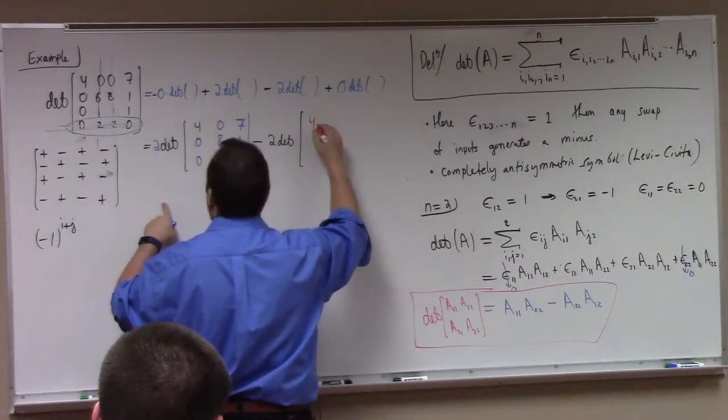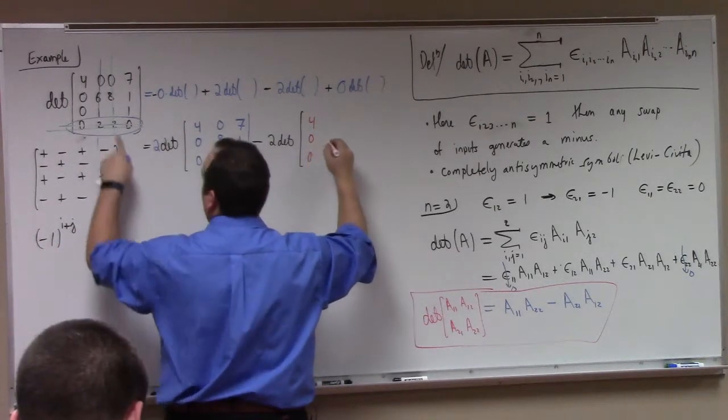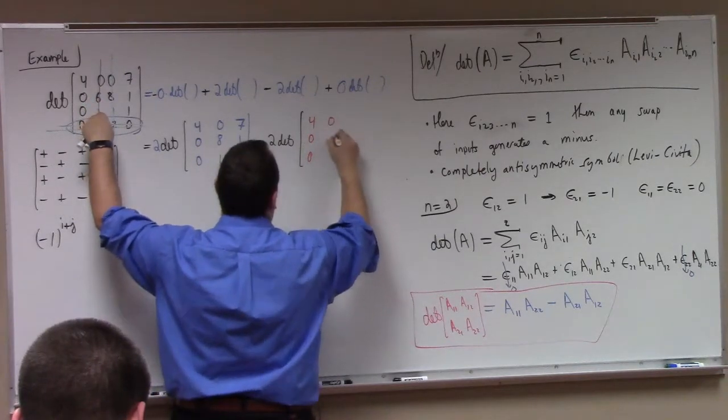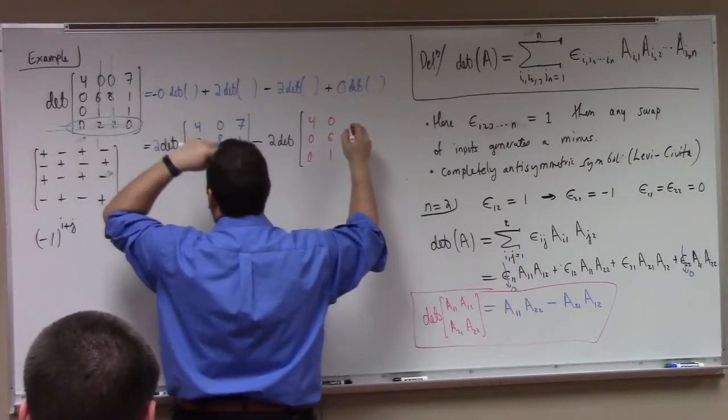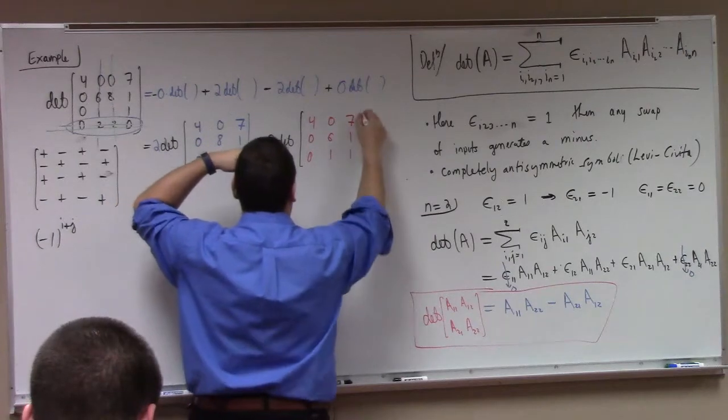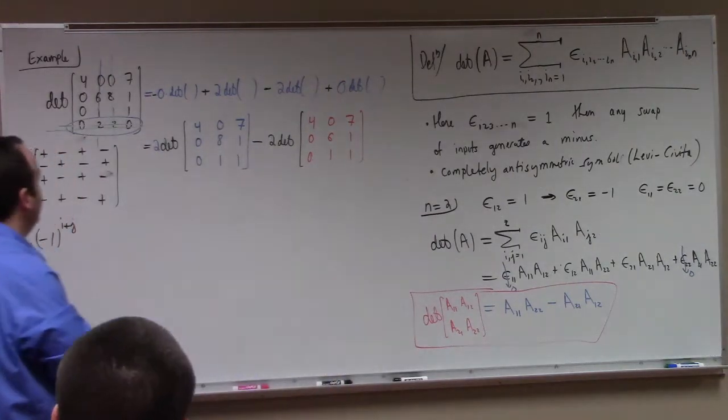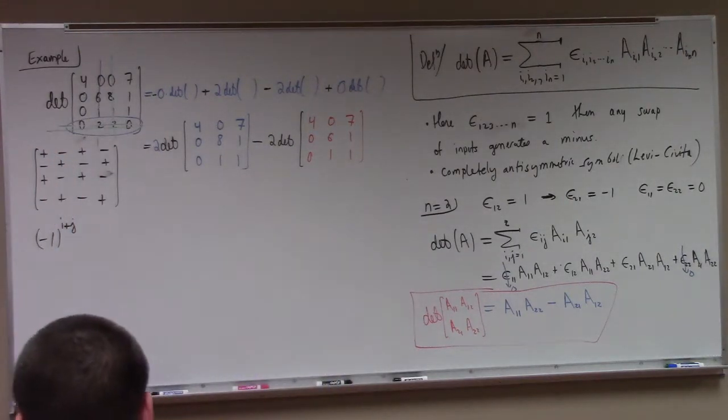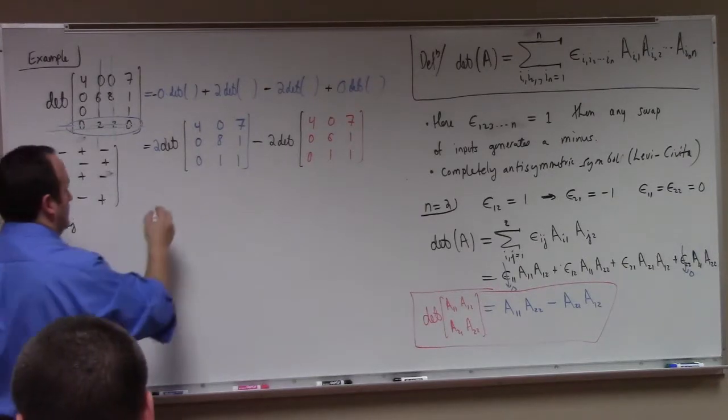So we got ourselves a 4, 0, 0, 0, 6, 1, and finally a 7, 1, 1. And then how do we do that?